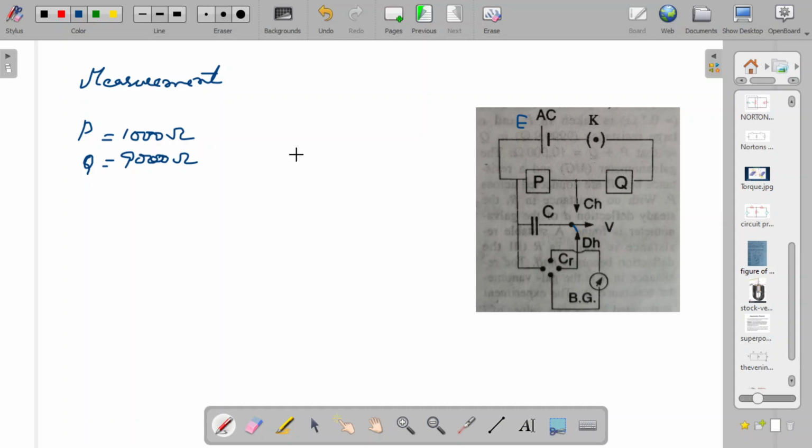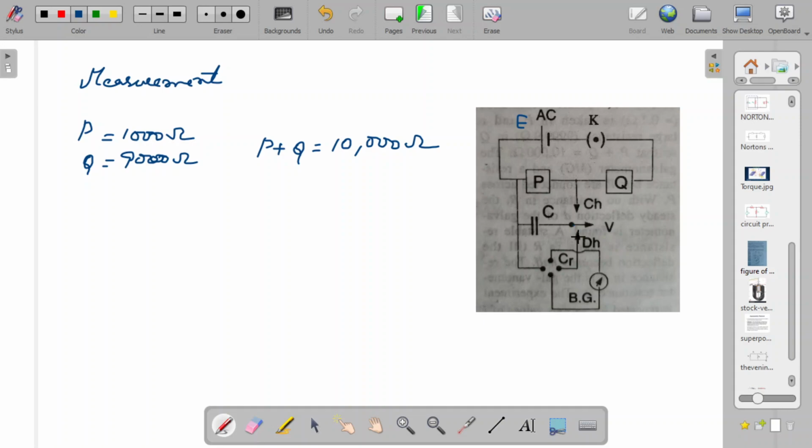We can change P and Q, but P plus Q is always kept as around 10,000 ohm. First you put P as 1000 and Q as 9000. Then we allow the capacitor to get charged.